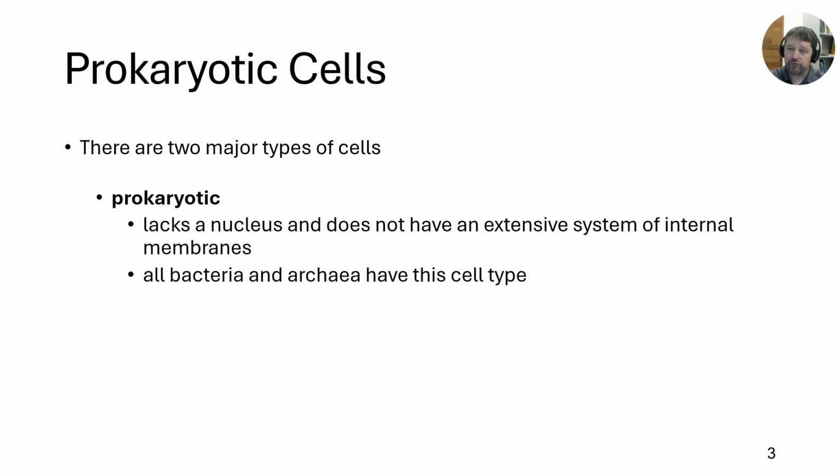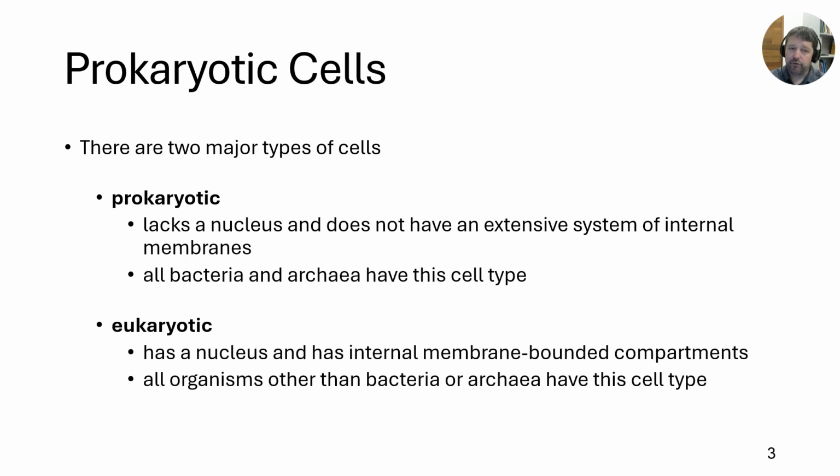All right, let's dive in and talk about prokaryotic cells. There are two types of cells: eukaryotic cells and prokaryotic cells. Pro means before. Karyotic means nut or seed.